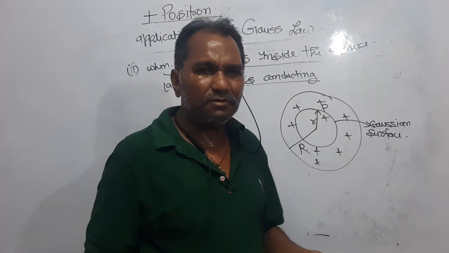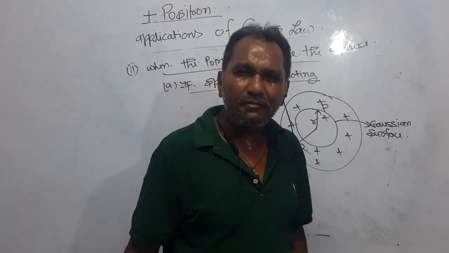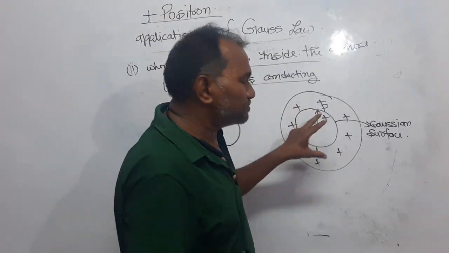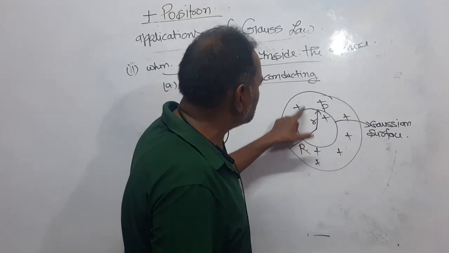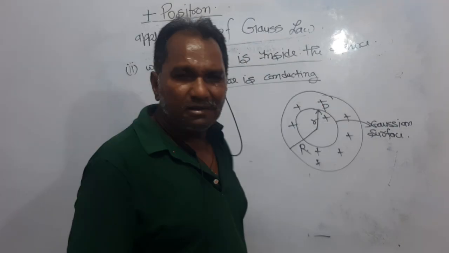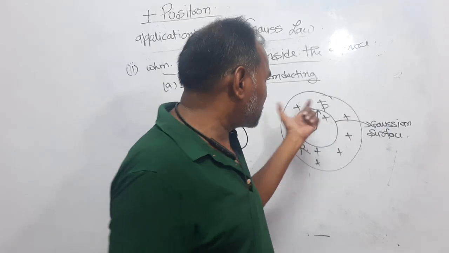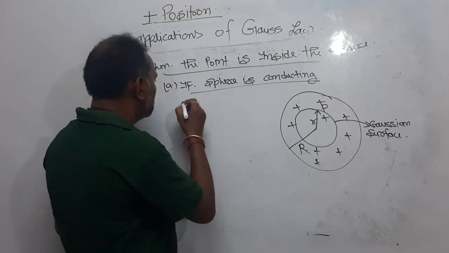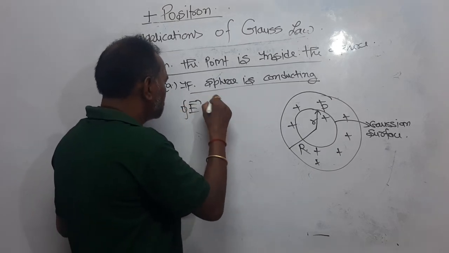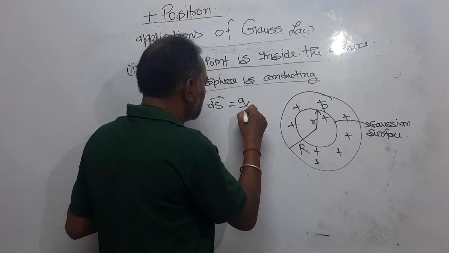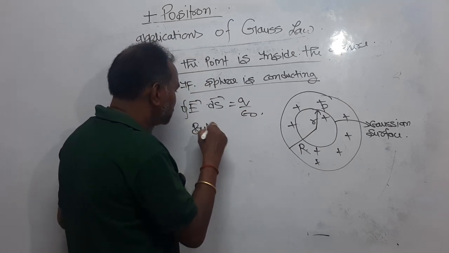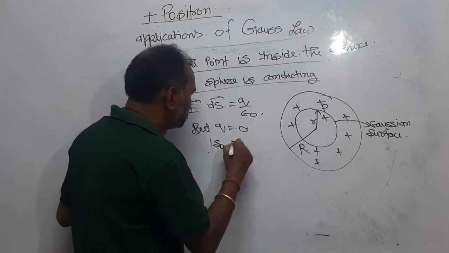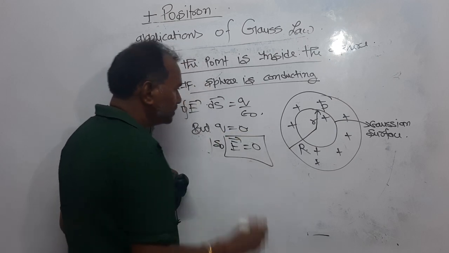Actually, dear students, if the sphere is made of conducting material like copper, gold, silver, aluminium, then despite it being a solid sphere, the whole charge will reside at the surface of the sphere. So inside the sphere there will be no charge left, and that is why integral E dot ds is equal to q upon epsilon naught, but q, the charge enclosed, will be 0, so E equals 0 in this case, right?